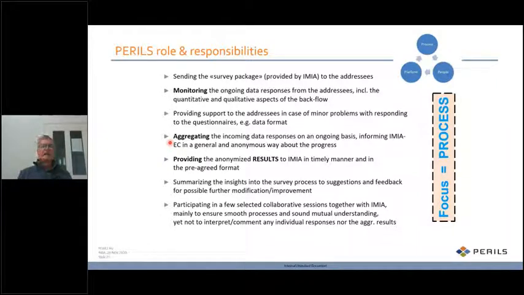At the end, when the deadline has been reached, Perils establishes the final results, anonymized.